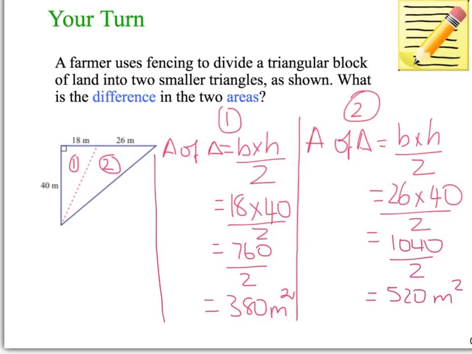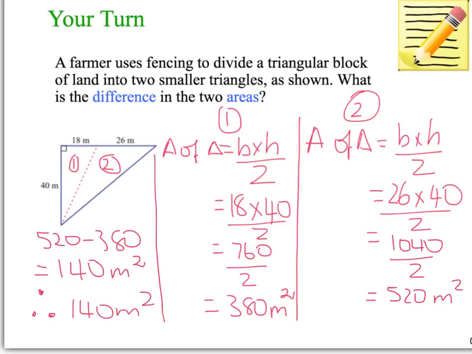So 520 take away 380 equals 140 meters squared. Therefore, it's 140 meters squared, the difference.